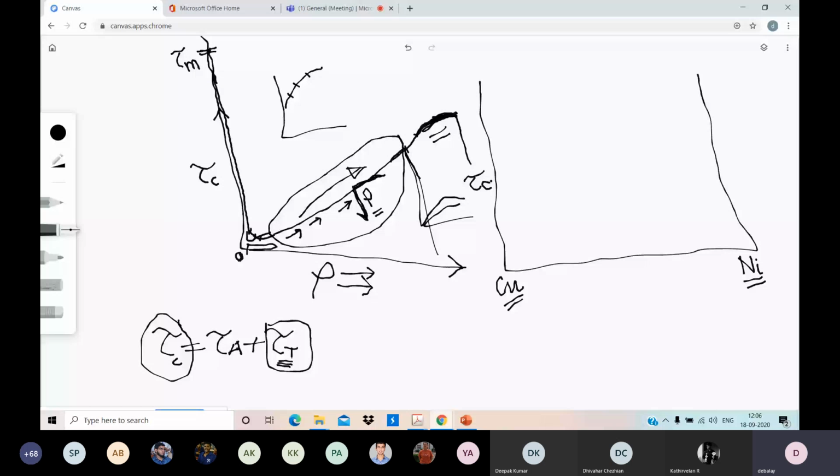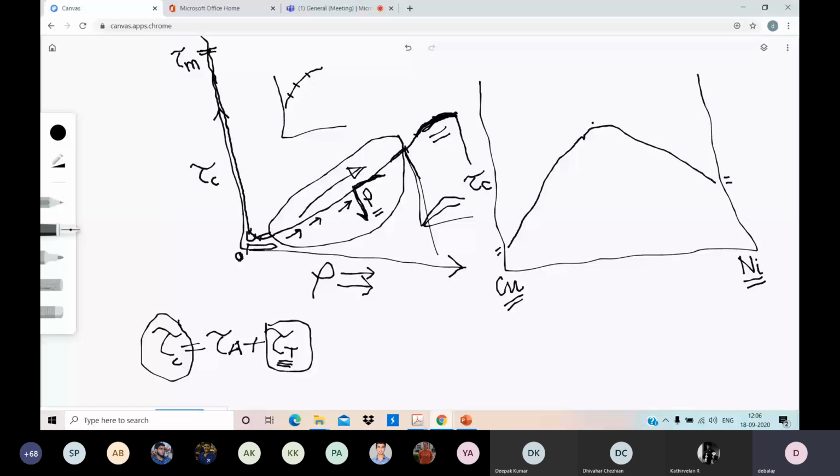How will the critical resolved shear stress value be? Something like this. Nickel has a higher value, copper has a lower value, but maximum is at 50-50.